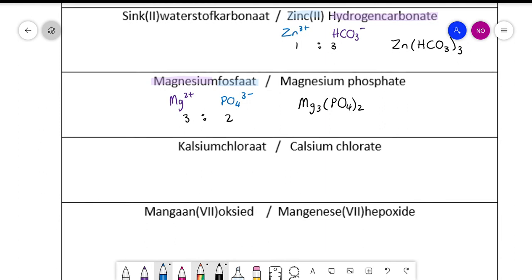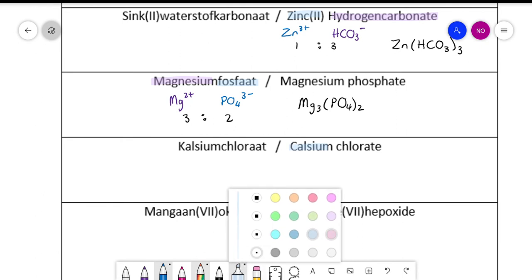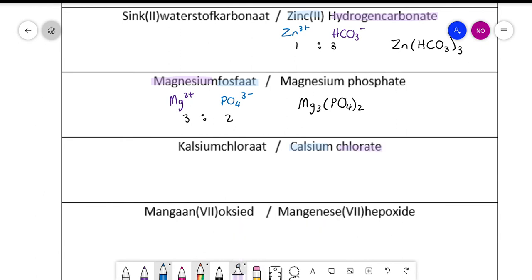Calcium chloraat is lekker maklik. Calcium weet ons is 2 plus, chloor weet ons is 1 minus, so I like so. Oh no, that's chloride. Sorry guys. That's what happens when you are looking for shortcuts. Okay. So calcium weet ons van my periodieke tabel af is 2 plus.